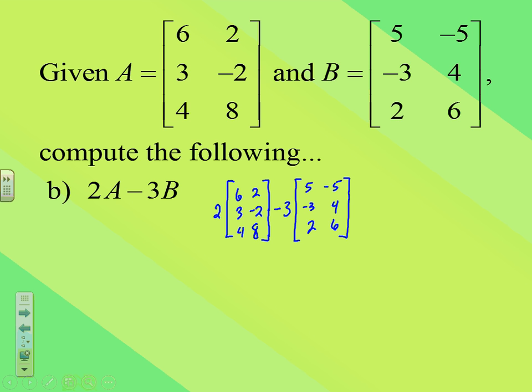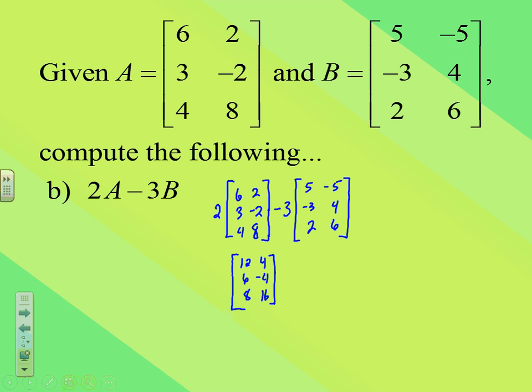So let's go ahead and do that. Distribute or multiply, however you want to think of it, take the 2, multiply it to everything inside of matrix A, and I'm going to get 12, 4, 6, negative 4, 8, and 16.